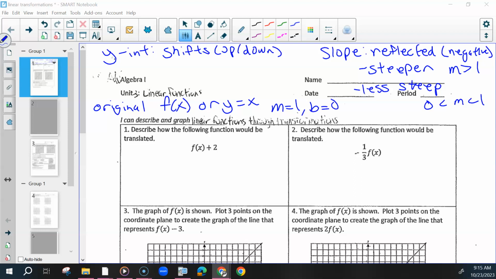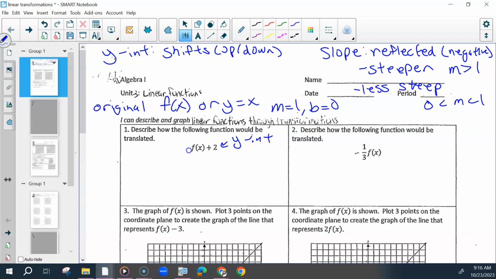So if I have some f of x plus 2, this plus 2 is going to be a shift. Plus 2 does not do anything to the slope. So we know already this is going to be something about the y-intercept. Anytime you see a plus 2 or a minus 2, be thinking y-intercept. Something happened to the y-intercept.